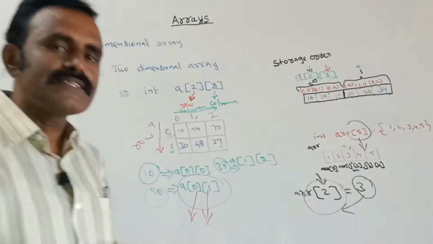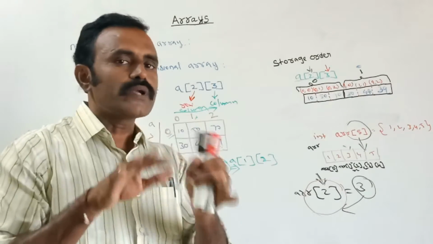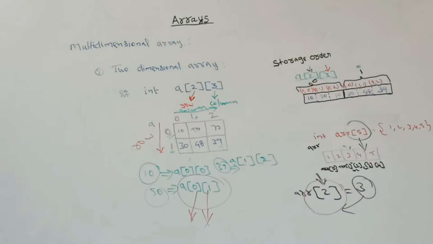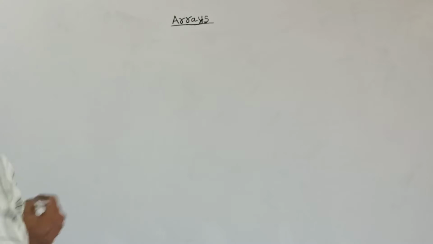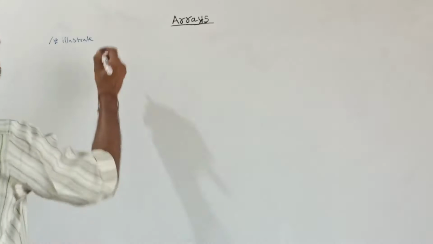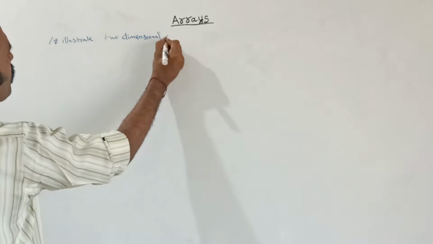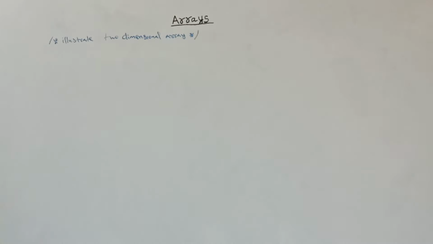See, now let us see a simple example of how to store values in a 2-dimensional array. Here we are illustrating the 2-dimensional array.